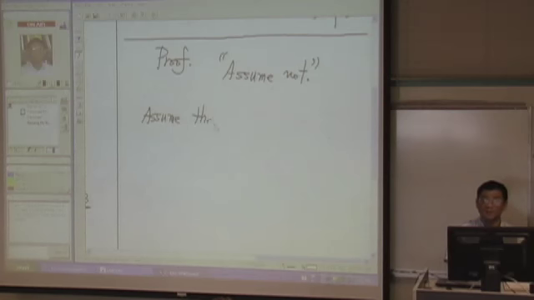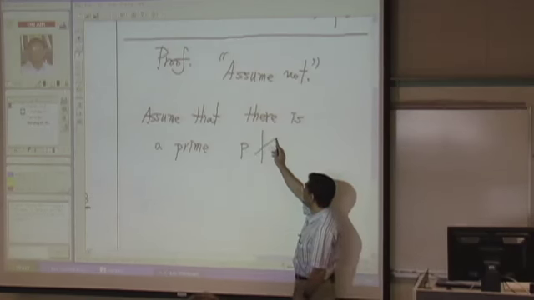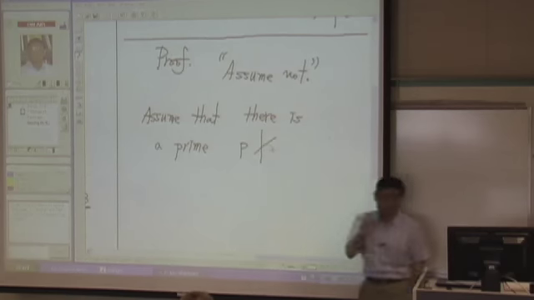Assume that there is some prime. There is a prime number, or prime can be used as a noun, say P, which does not divide. Divide is denoted by a bar, so if we strike it, then it is does not divide, right?